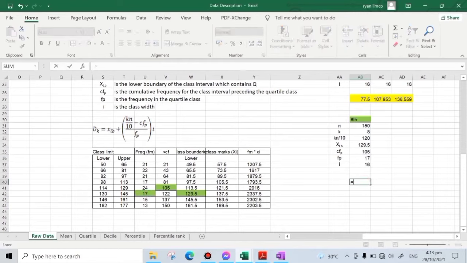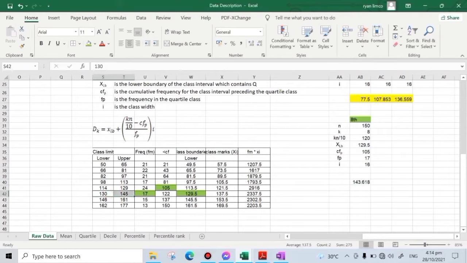So, computing for this, we have XLB plus Kn over 10, it's 120, minus CFP divided by the frequency multiplied by the interval, 16. So our answer is 143.6. So 143.6 can be found here. It's correct. So this is our answer for the 8th decile.